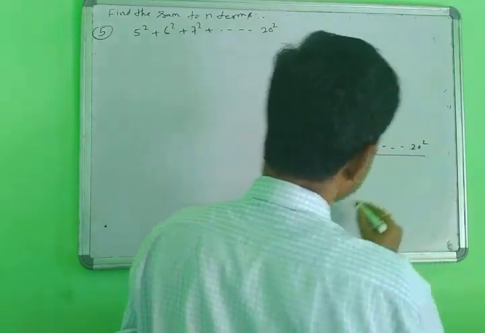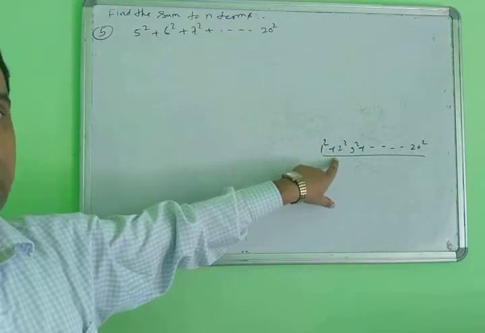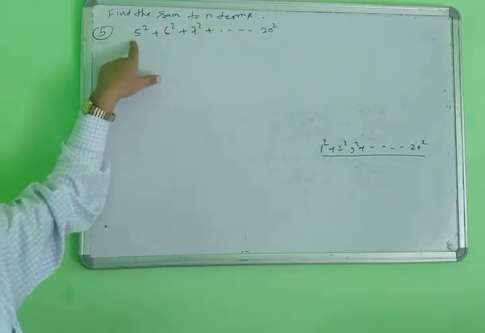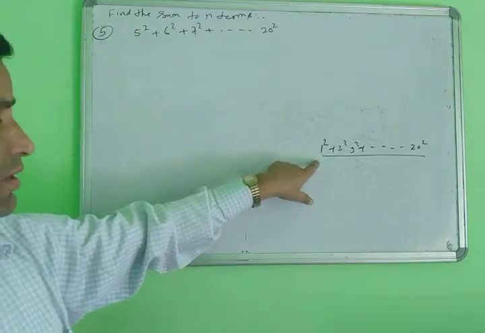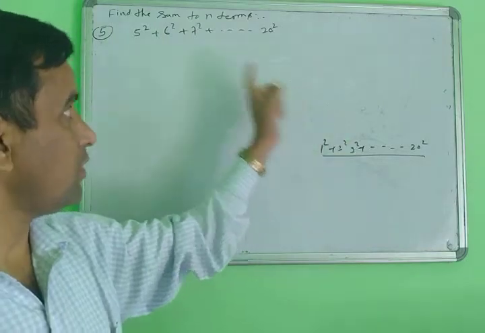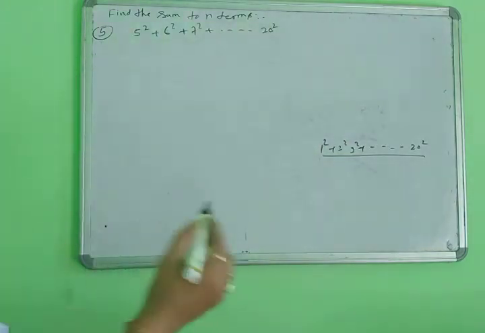You can use the identity of the sum of squares of the first n natural numbers. But here the starting number is 5, while the identity starts from 1. It means you add 1, 2, 3, 4 on the left side, or subtract 1, 2, 3, 4 on the right side, to balance it.